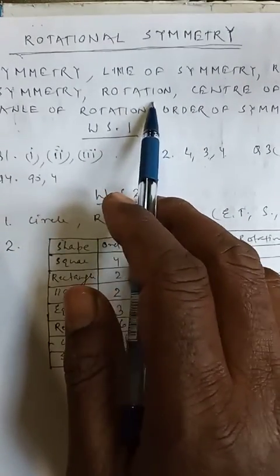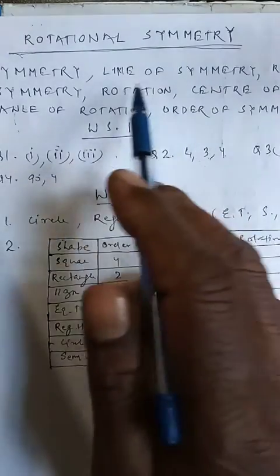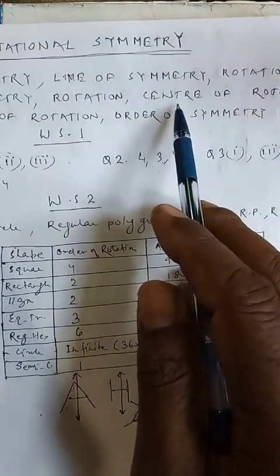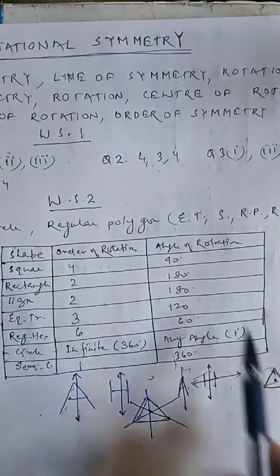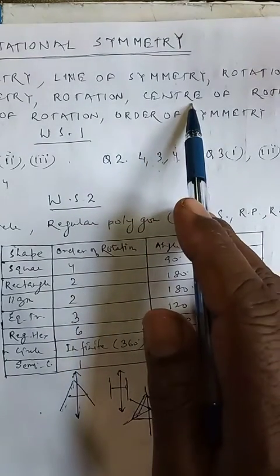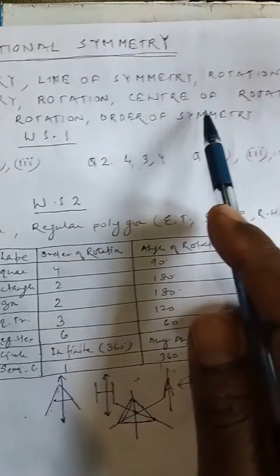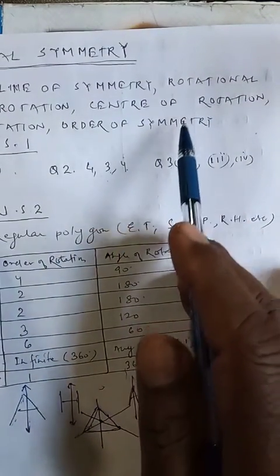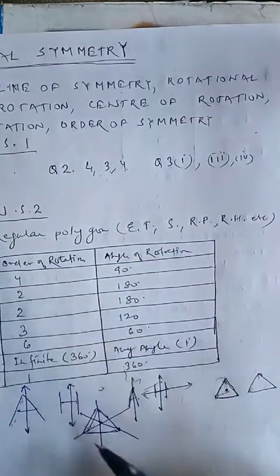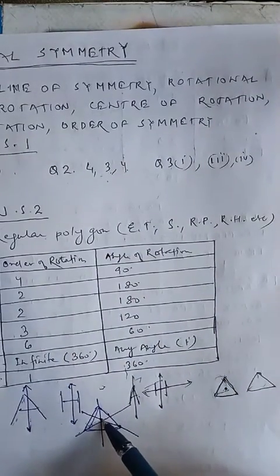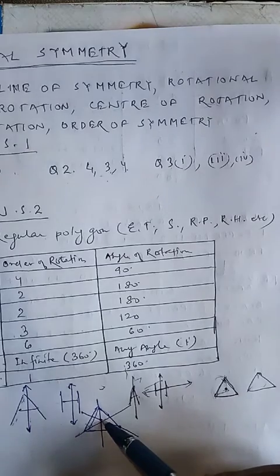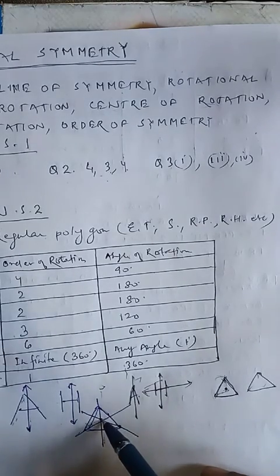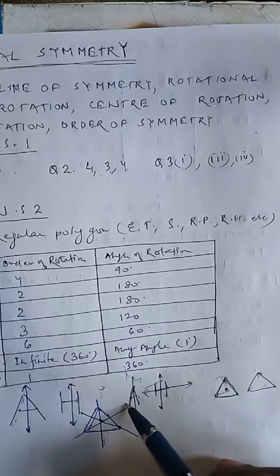Now rotation. The angle at which we move the object is called rotation. What is the center of rotation? The center of rotation is the point from which we rotate the particular figure to get the original figure again. For example, in the equilateral triangle, the center of rotation is the point of intersection of the angle bisectors or perpendicular bisectors or medians.